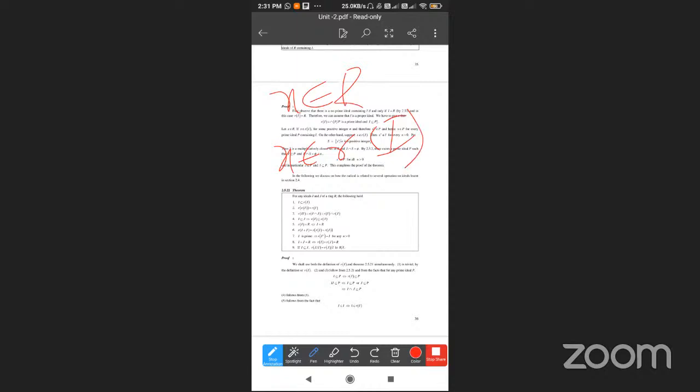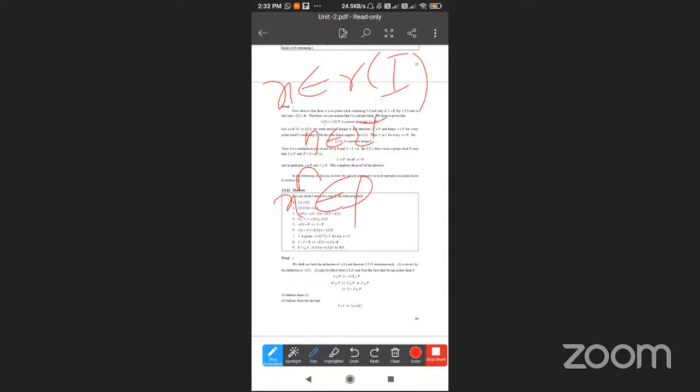Then for some positive integer n, x to the power n belongs to I. The radical of I is the set of x belonging to R such that x to the power n belongs to I, where I is an ideal. So for any prime ideal P taken containing I, x to the power n belongs to P.